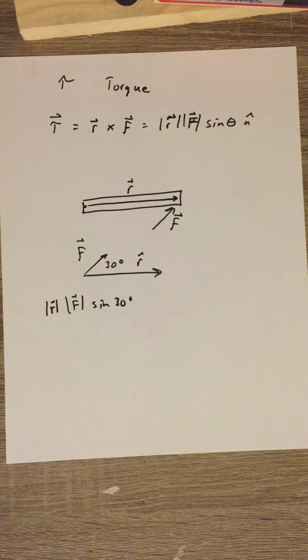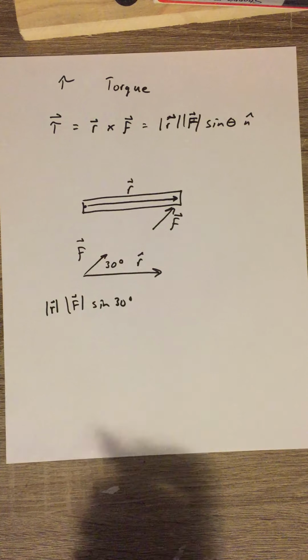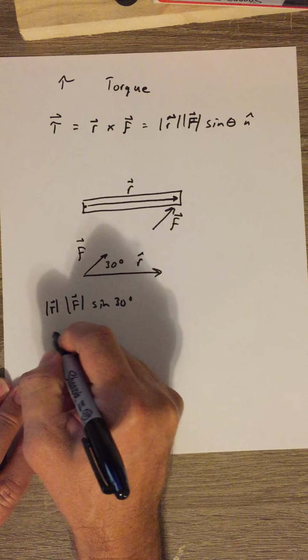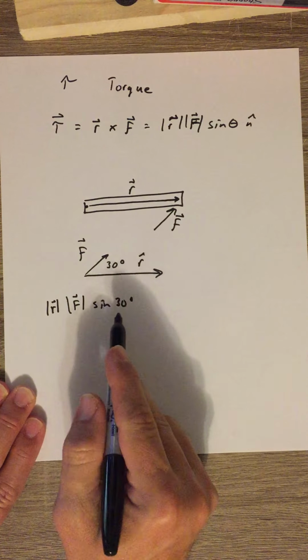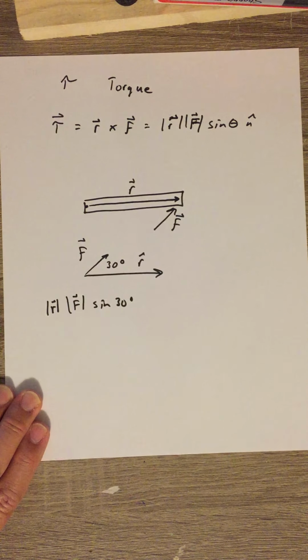We're going to come back and put the normal vector into this expression and talk about what it means. But first of all, what is the sine of 30 degrees? Well, the sine of 30 degrees is positive 1/2. I think we can all remember that. Okay, fair enough.